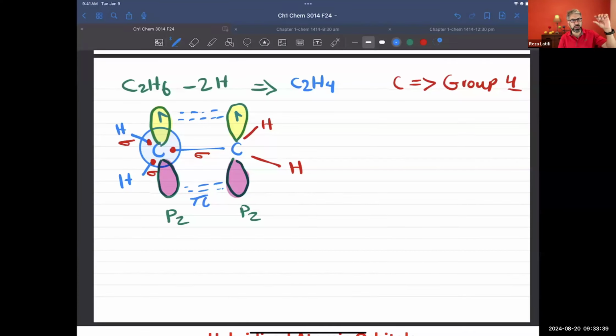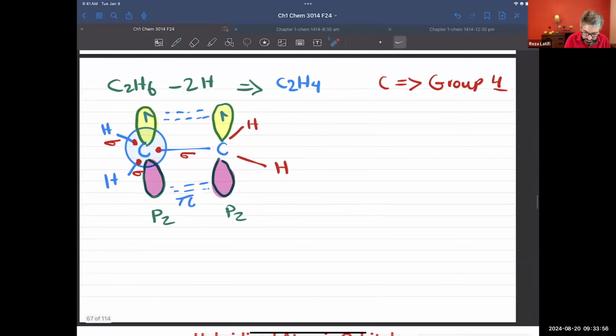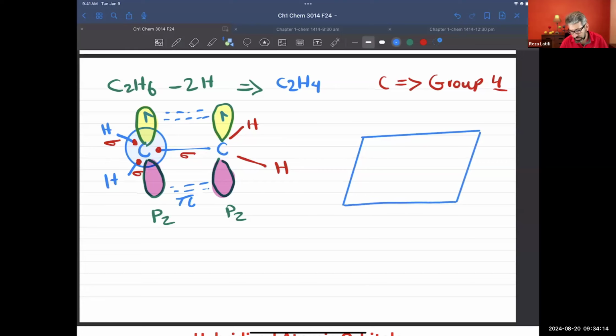I want you to look at the p orbital. The p orbital on the top is yellow, the bottom one is pinkish. And so clearly from yellow to pink, we are changing sign, or we're changing color. We say this orbital has a node. And where is the node? The node is somewhere here. There is a plane that is chopping the molecule, and technically the plane has the molecule in it, carbon attached to another carbon, and two hydrogens are there.